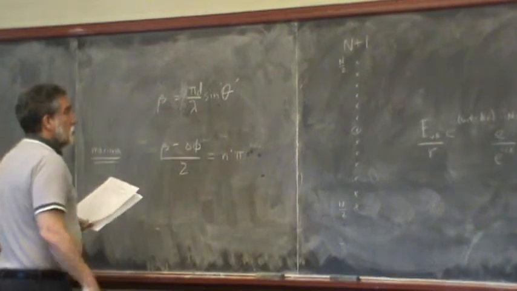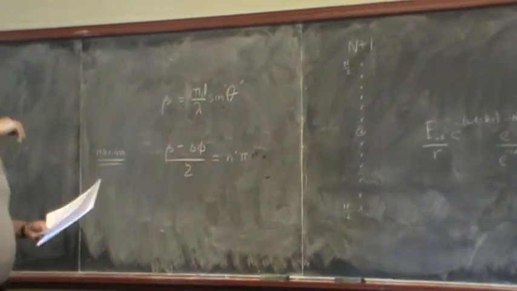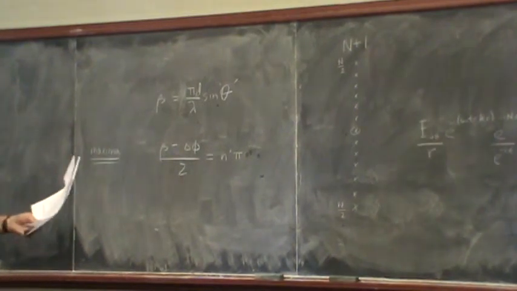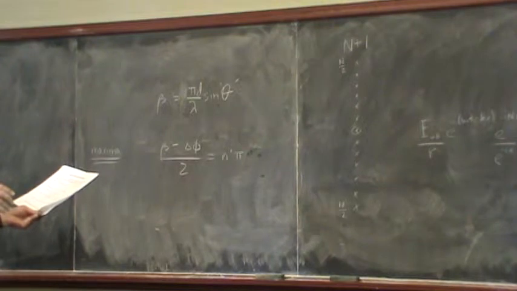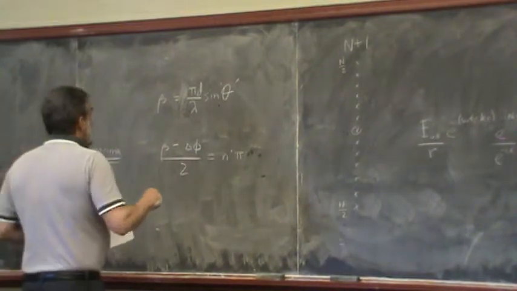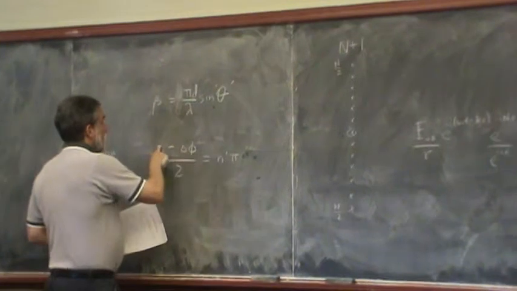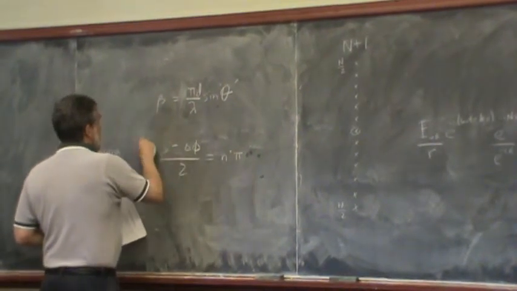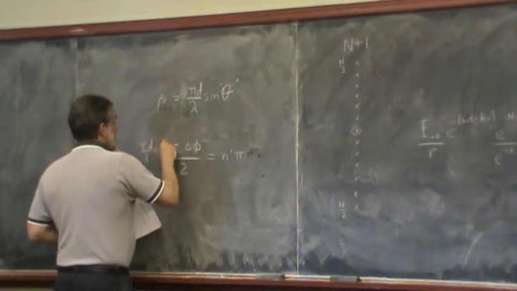And yeah, that's good. And for all the little n's, let me see. Yeah, this is good. So when theta has a particular value, I can rewrite this as pi d over lambda sine theta.